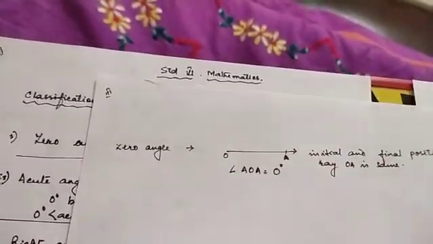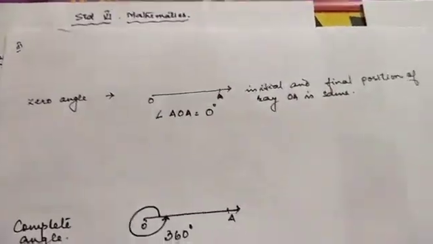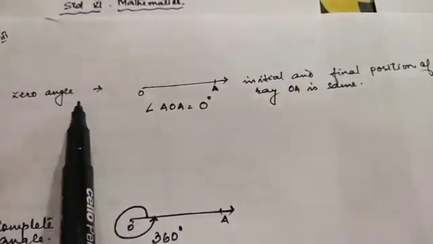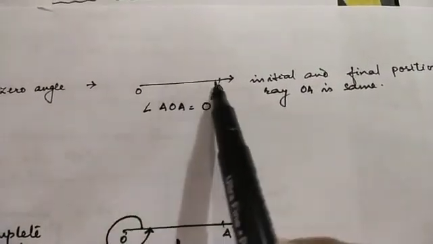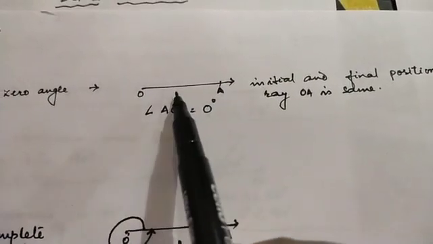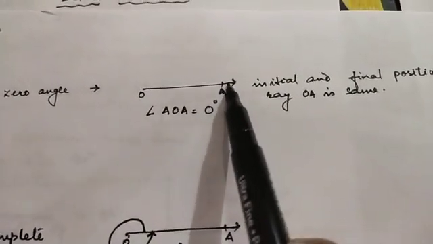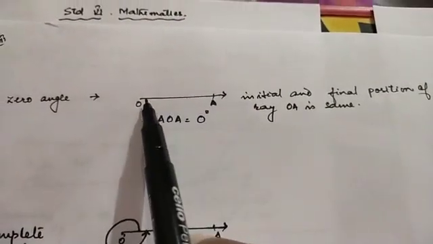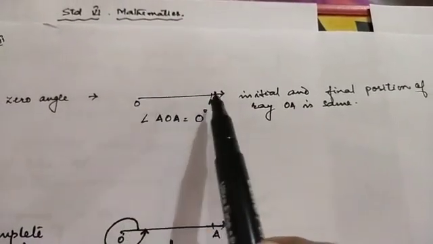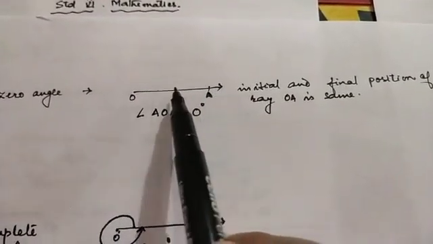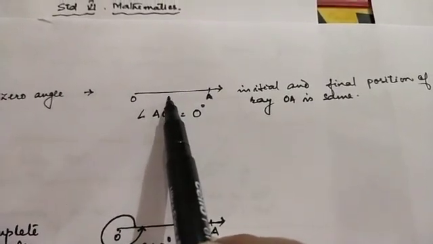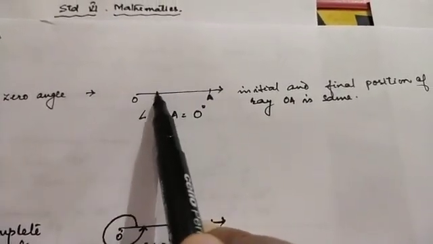Look at these figures. The first angle is the zero angle. This ray OA is the initial position and the final position also. When we have the initial and the final position same, that means there is no movement of the ray.